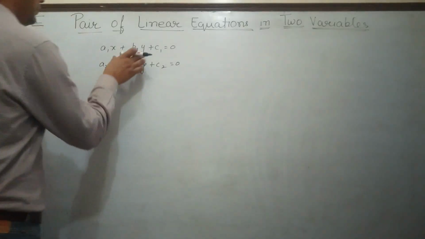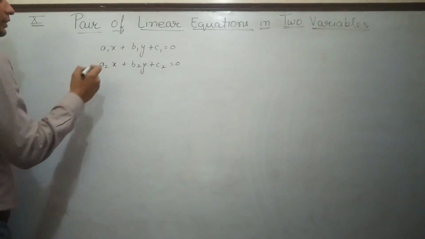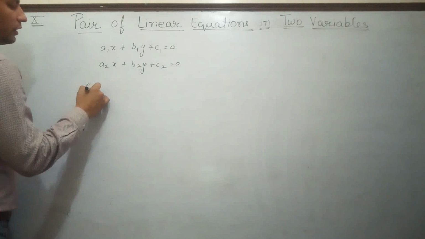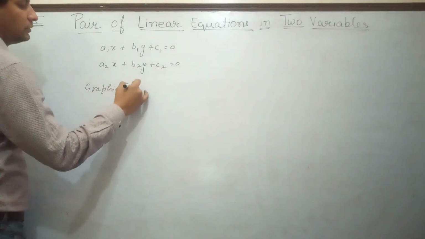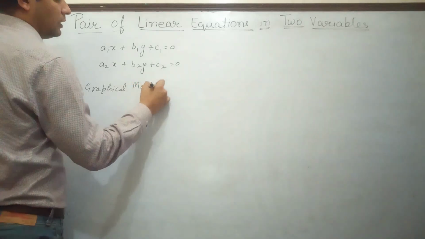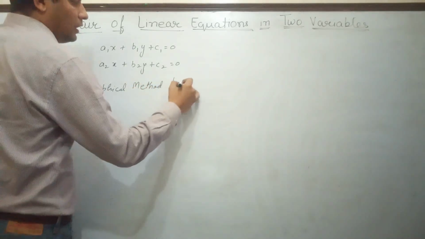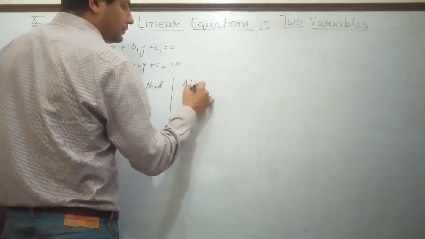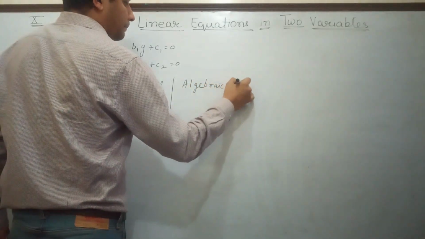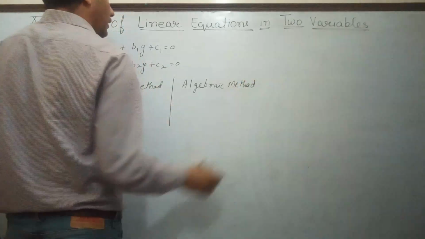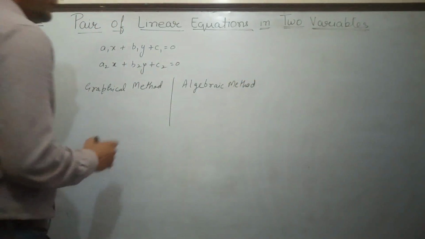In this chapter, we'll find the solution by two ways: graphical method and algebraic method. In algebraic method, we have three ways.